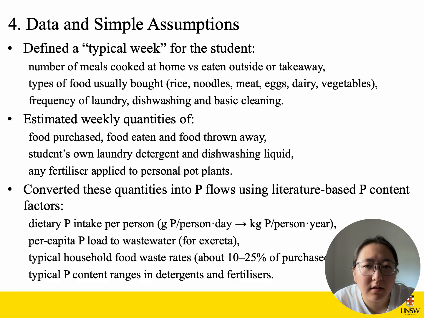Then, I estimate the weekly amount of food bought, food eaten, and food thrown away, my own laundry detergent and dishwashing liquid, and any fertilizer used for the plants. Next, I use food composition tables and wastewater studies to convert this to P flows. Finally, I scale from 1 week to 1 year.